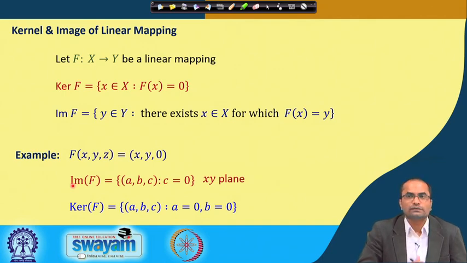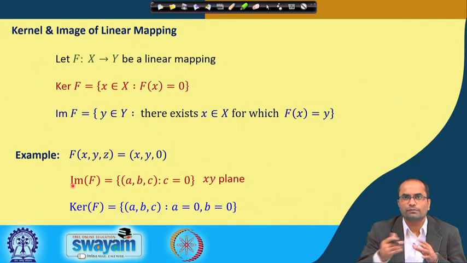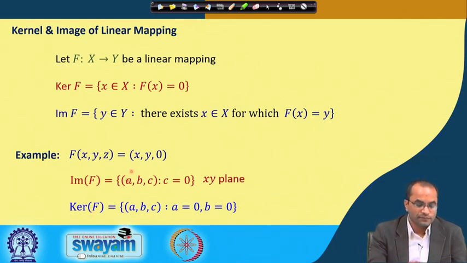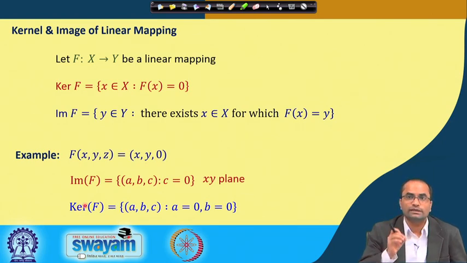The kernel consists of all those points from x whose map is 0, that is, they map to the 0. As per the definition of this linear map, any point (x, y, z) maps to (x, y, 0), the third component will be set to 0. So, we want all those elements in x whose map is the 0 element.